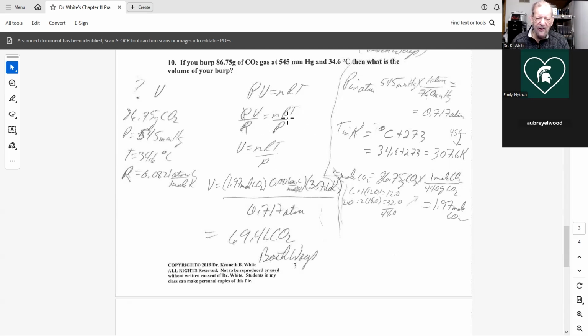Finally, when we look at this, we have pressure, temperature, we're given R. Now we need n, moles, but we're given grams. So now you have to take grams of CO2 and convert it to moles of CO2. Hopefully you learned this for test 1. We use a ratio. What goes on top of the ratio? Moles of CO2. What goes underneath? Grams of CO2.